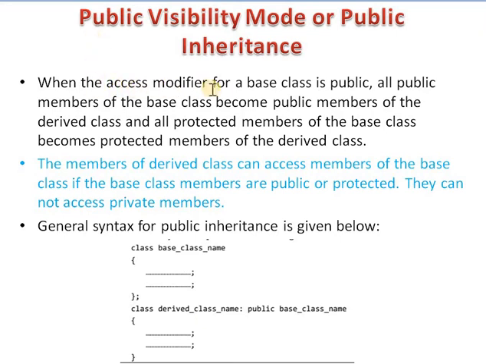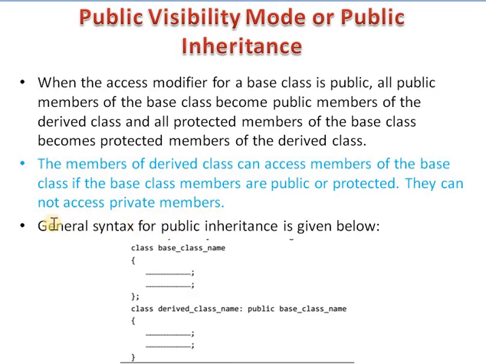When the access modifier for a base class is public, then all the public members of the base class become public members of the derived class also, and all protected members of the base class become protected members of the derived class. That means the members of a derived class can access the members of a base class if they are either public or protected. They cannot access the private data members.